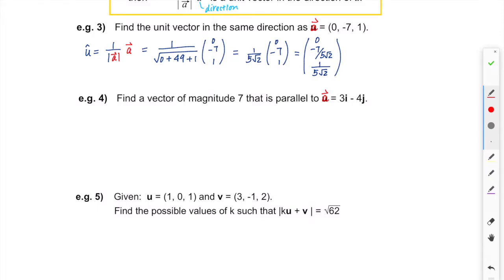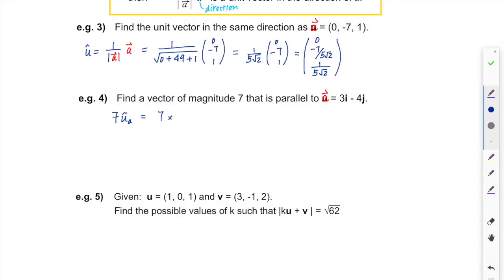So in order to convert this into a new vector that has a magnitude of 7, it would be convenient for us to find a scalar multiple of the unit vector of A that has a length of 7, right? Because the unit vector has a length of 1, multiply that by 7.